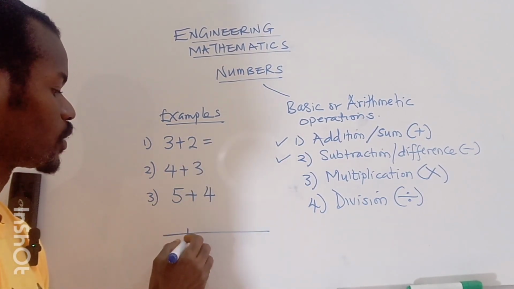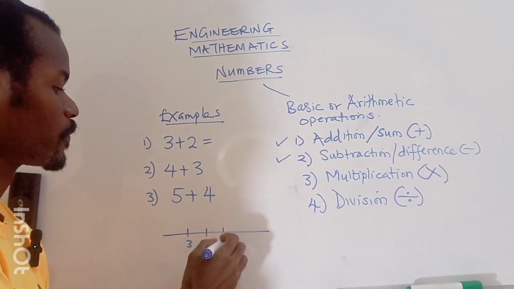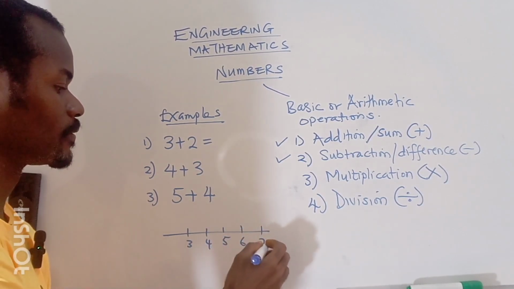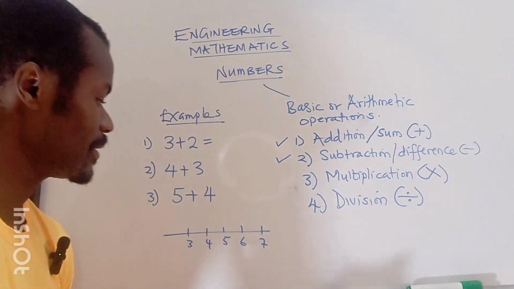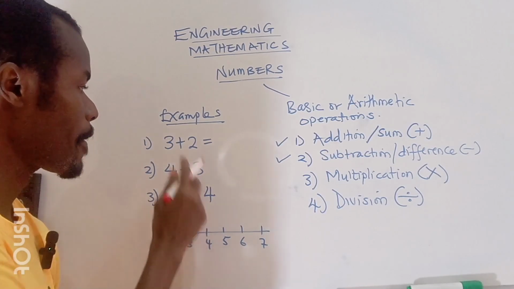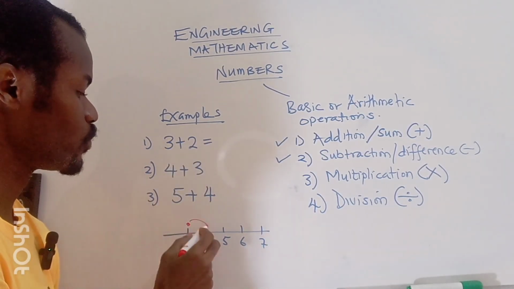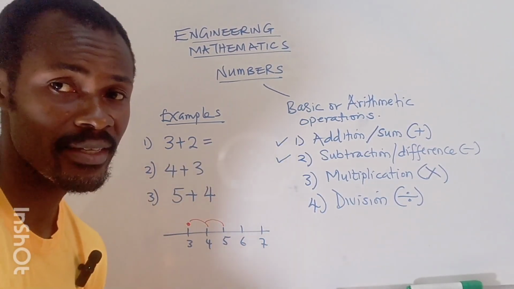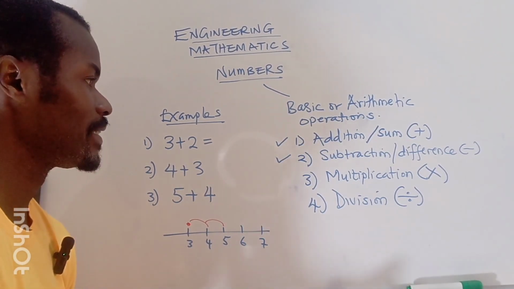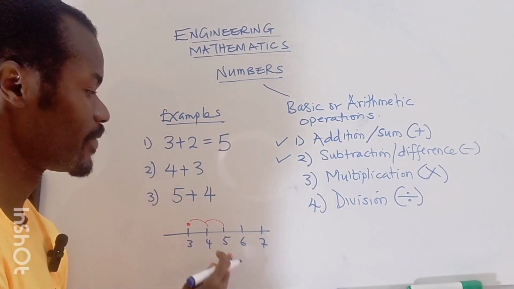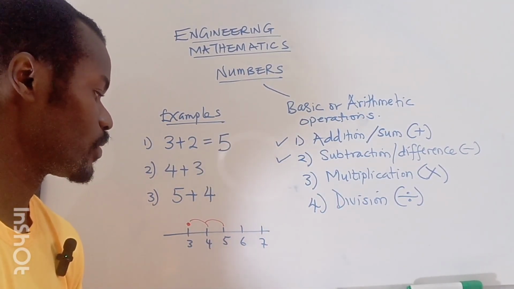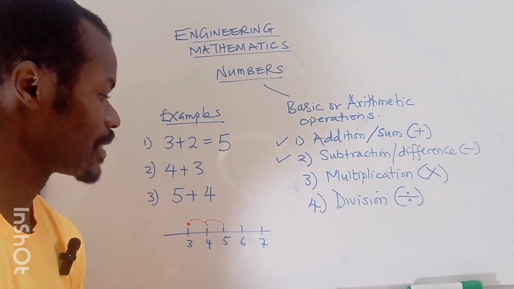For the first one, you have 3, 4, 5, 6, 7. Now using your number line, this is 3, plus 2 means we are going to move 1, 2 to the right. So anytime you're adding, you are increasing to the right. So we have 5 as our answer to this problem. What about the second one?